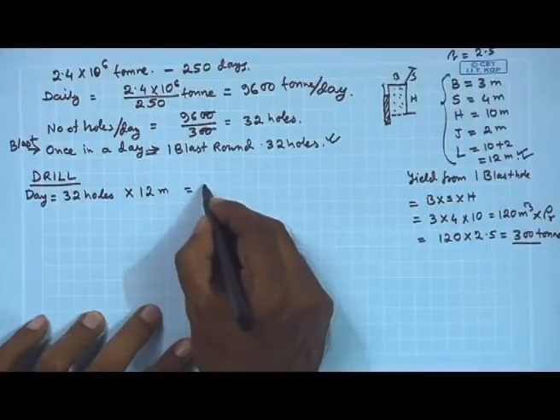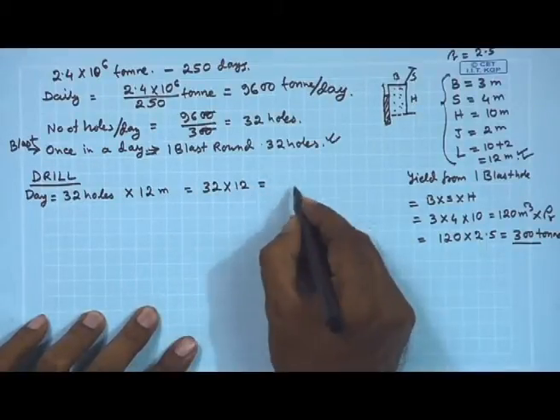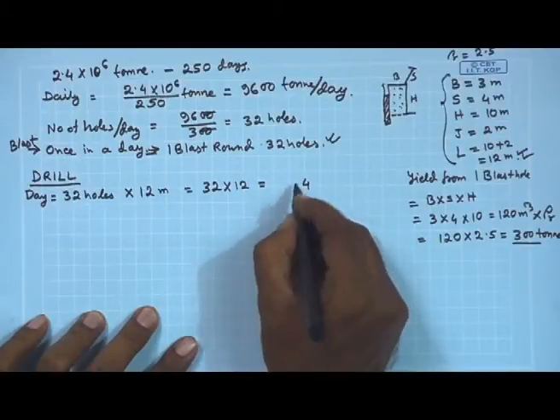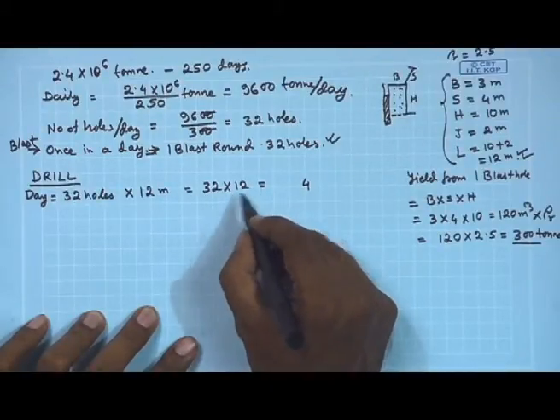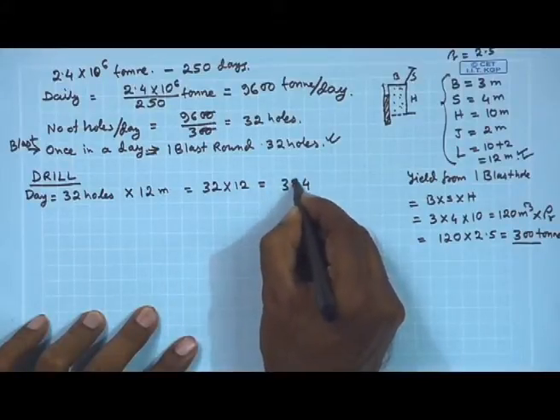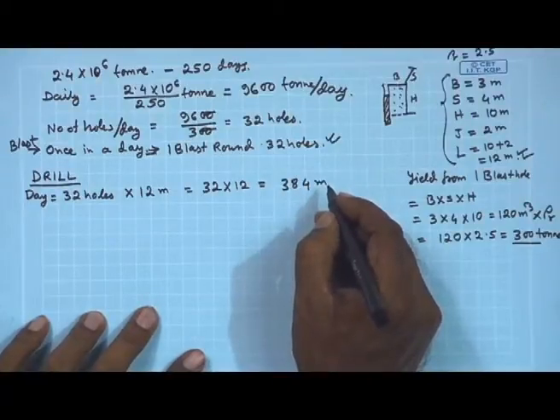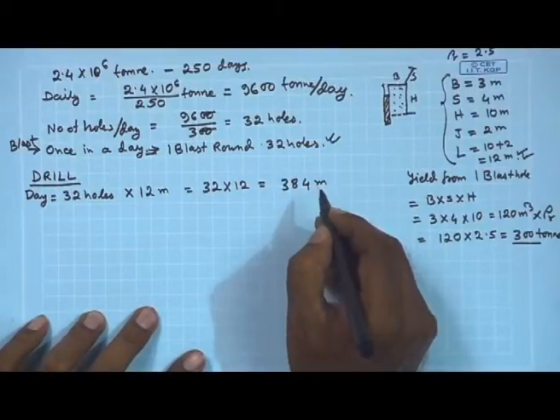So, our drilling target is 32 into 12, that means 384 meter of drilling is required per day.